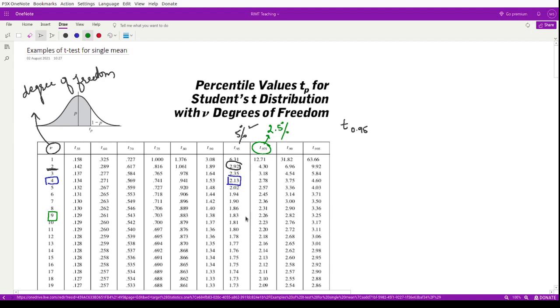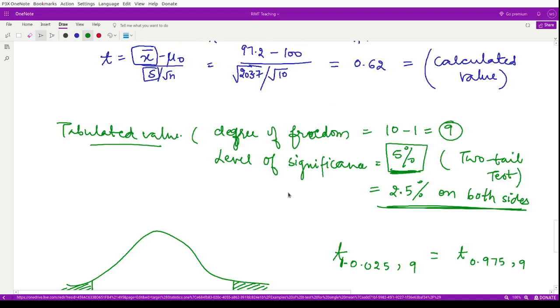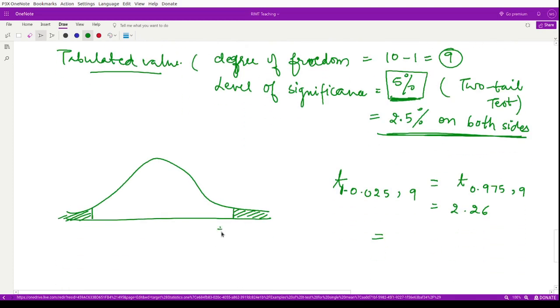So your value here would be this one, 2.26. So let's substitute our value here. Therefore your tabulated value on the right-hand side would be plus 2.26, and on the left-hand side it would be minus 2.26 because your distribution is symmetrical.